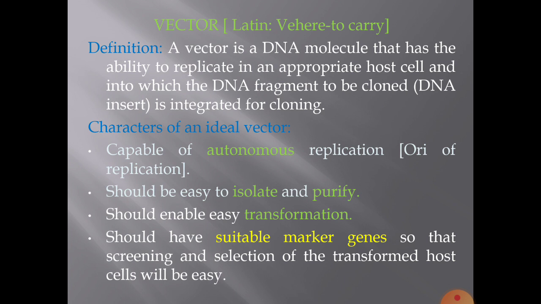This is possible only when they have their own area of replication, the origin of replication. So, this topic needs a little bit of background of molecular biology. Hope you have studied it in your previous semesters. So first thing, it should be capable of autonomous replication. That means a vector should have its own ORI, origin of replication.